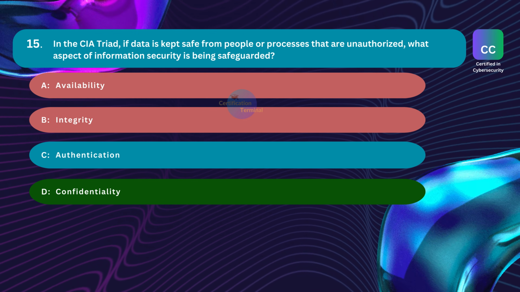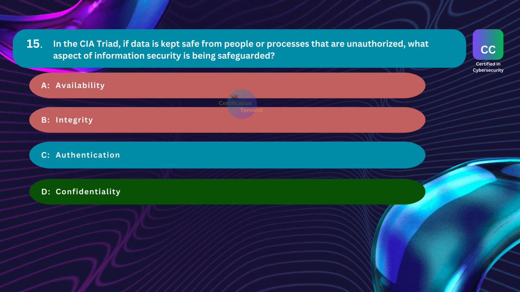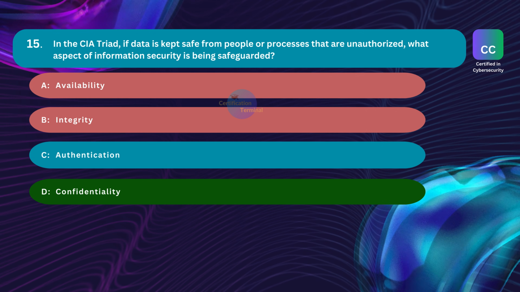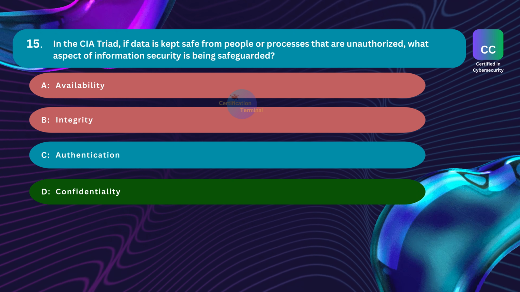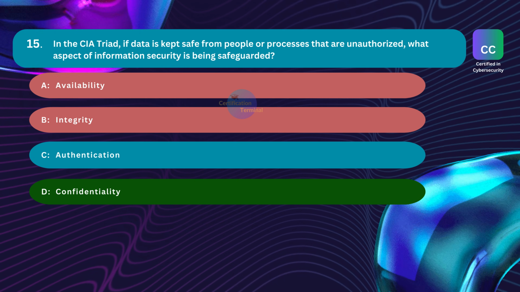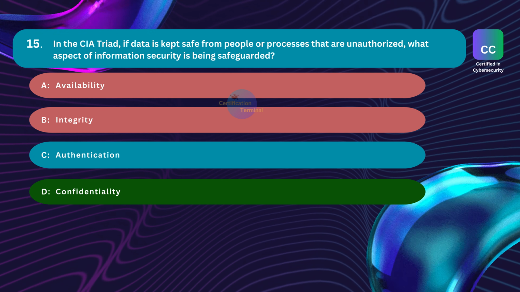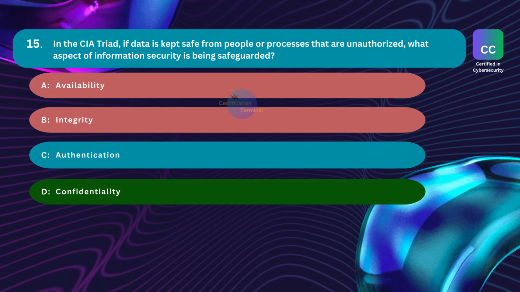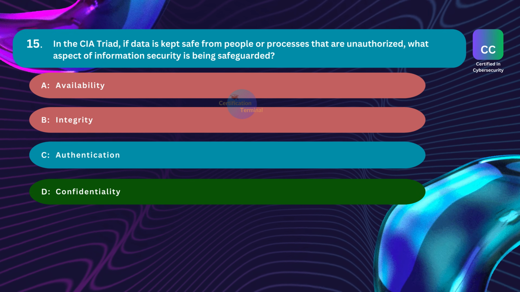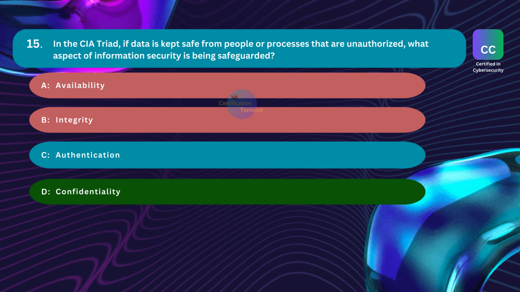Option B is incorrect. Integrity involves maintaining the accuracy and trustworthiness of data. While important, integrity isn't the primary concern when protecting data from unauthorized access. Option C is incorrect. Authentication involves verifying the identities of users or systems accessing the data, which is crucial but doesn't directly relate to protecting data from unauthorized access in this context.